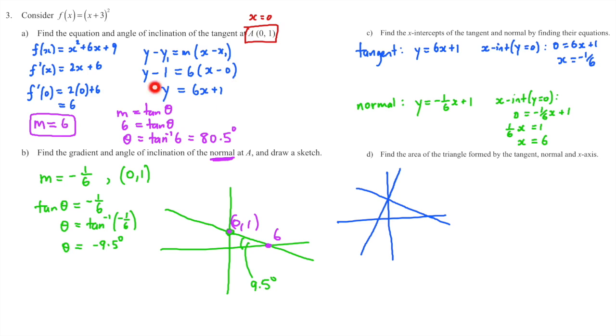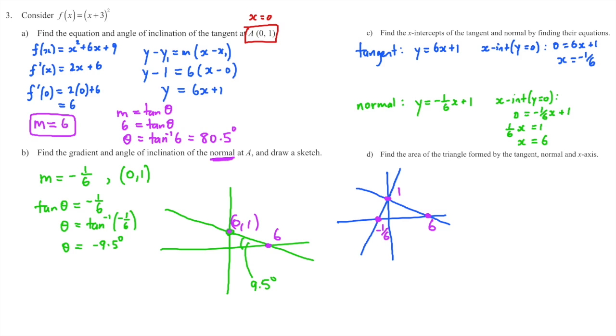That's y equals 6x plus 1. This one is y equals minus 1/6 x plus 1. We know they meet up as high as 1. We know that there is at 6. This one here is at minus 1/6. And I know that because the x-intercept of that line is minus 1/6.